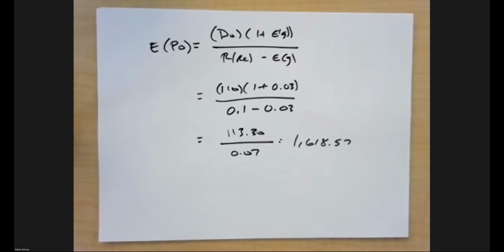Well, we would be willing to pay for a cash flow of 110 that grows at an expected annual rate of 3%, and if we evaluated its risk as having to return us at least 10%, we would be willing to pay $1,618.57 for that stream of cash flows that's going to go on forever.